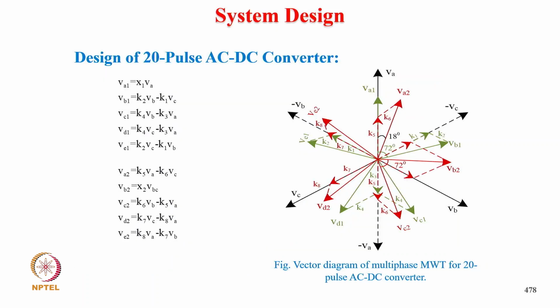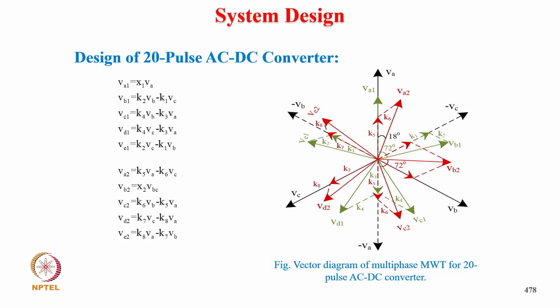And this is the design of a typical 20 pulse converter phase vector diagram, with a multi-winding transformer for medium voltage. So here VA1 equals K1 VA, VB1 equals K2 VB minus K1 VC, VC1 equals K4 VB minus K3 VA, VD1 equals K4 VC minus K3 VA, and VE1 equals K2 VC minus K1 VB.